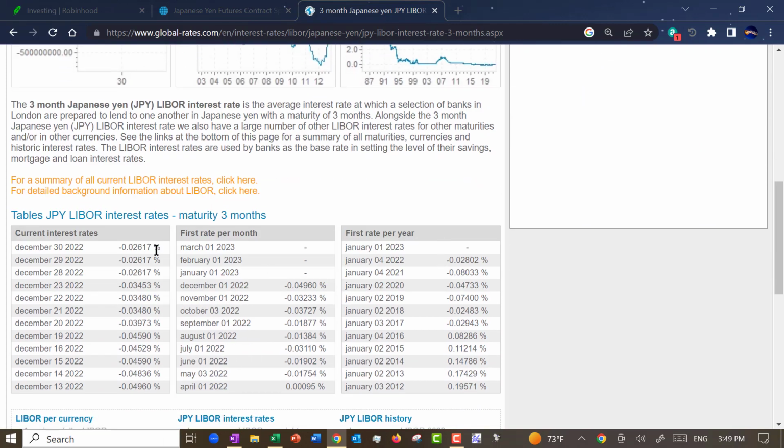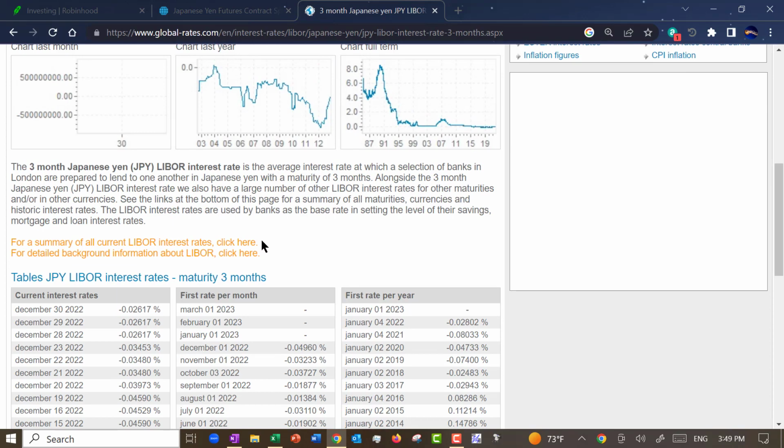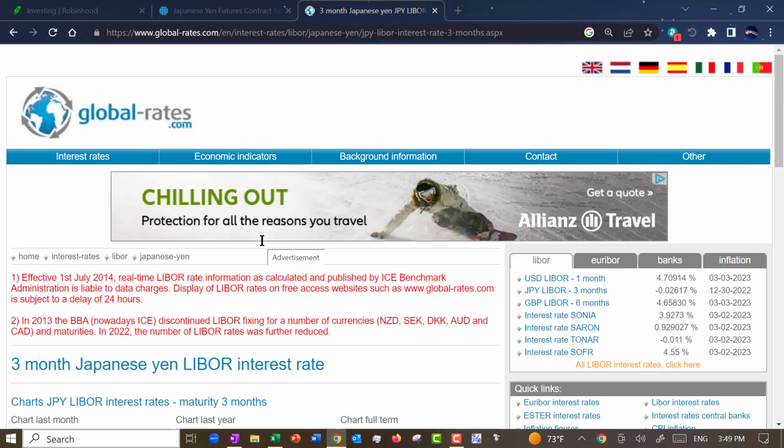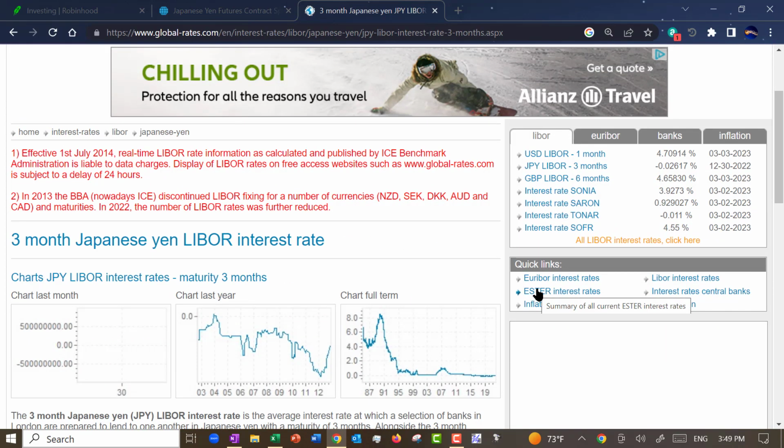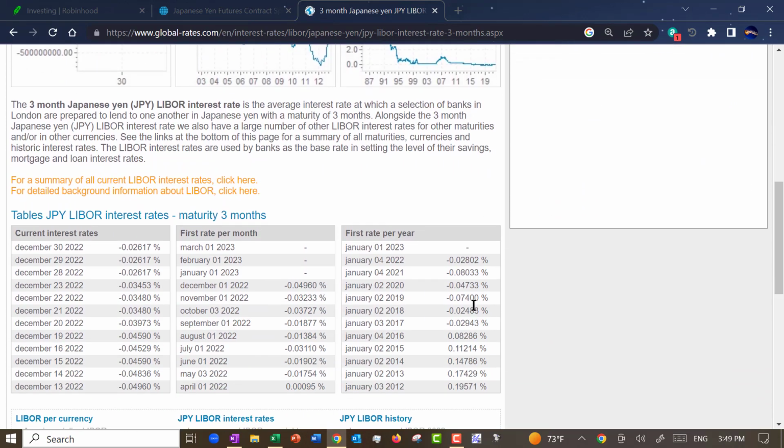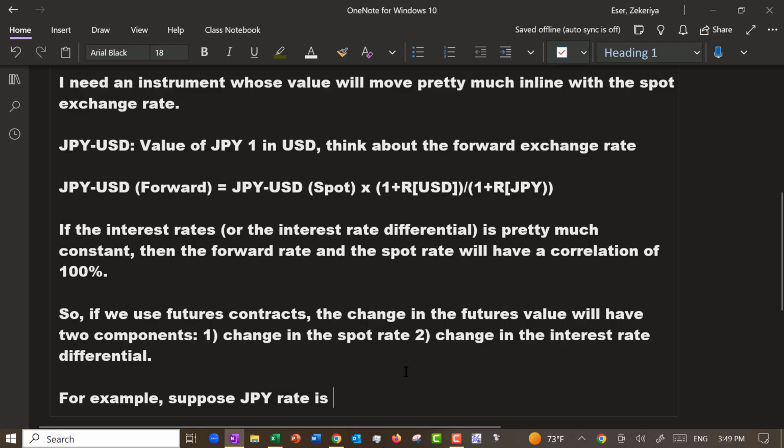Let's look at the 3 months. Why is that right about here? Well, it's small. Let's just make up negative 0.05%.